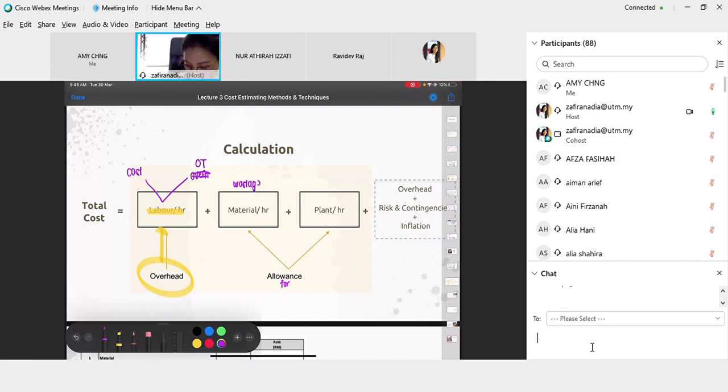For plant, there is an allowance for fuel and also wear and tear. But for plant it depends, because plant you can split into 2: either you own the plant or you rent the plant. For fuel, both have it. But wear and tear is usually only if you own. Okay, we will discuss that later.